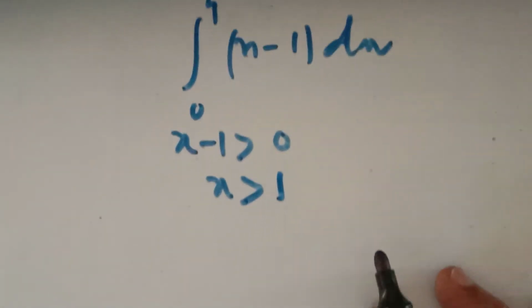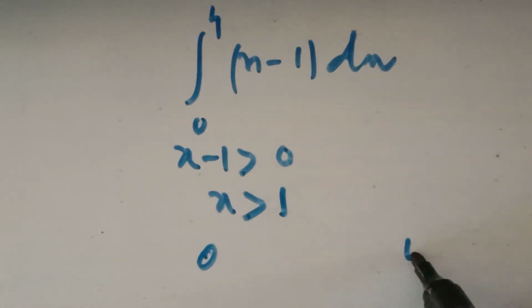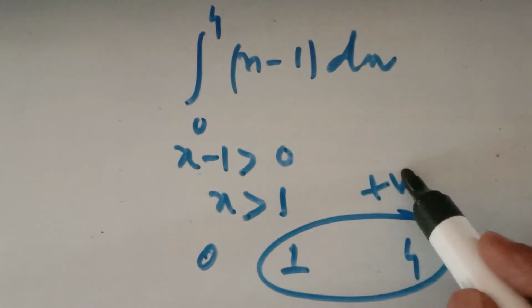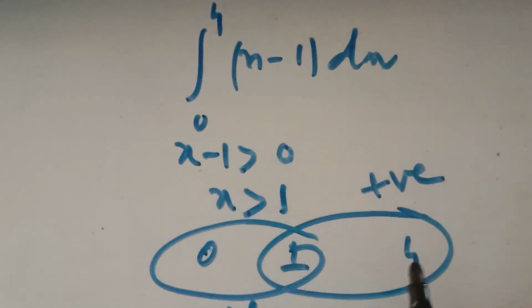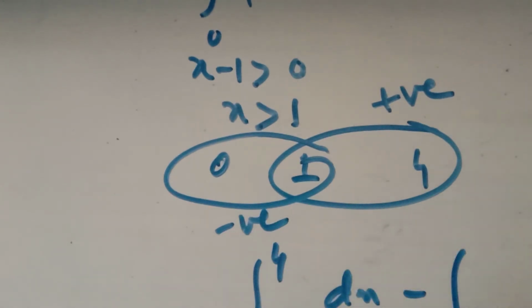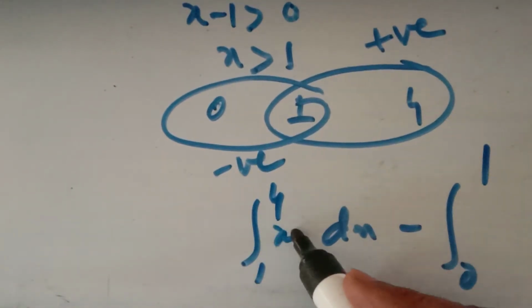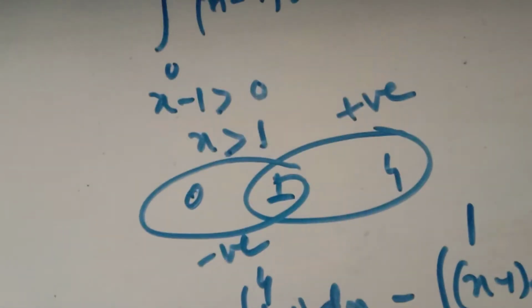That means it is positive for x greater than 1. I have the limit from 0 to 4 and 1 is in between. So in this interval it is positive, and in this interval it will be negative. You can write from 1 to 4 it is positive, and negative from the interval 0 to 1, so it is x minus 1 and minus of x minus 1, like this. So this is the method to remove this mod sign.